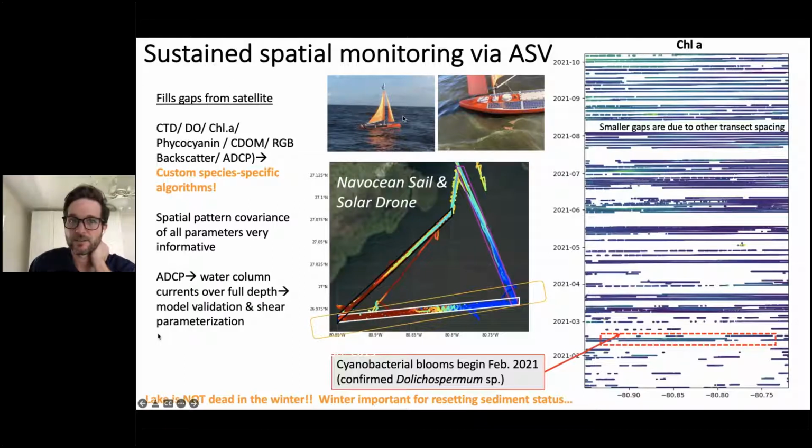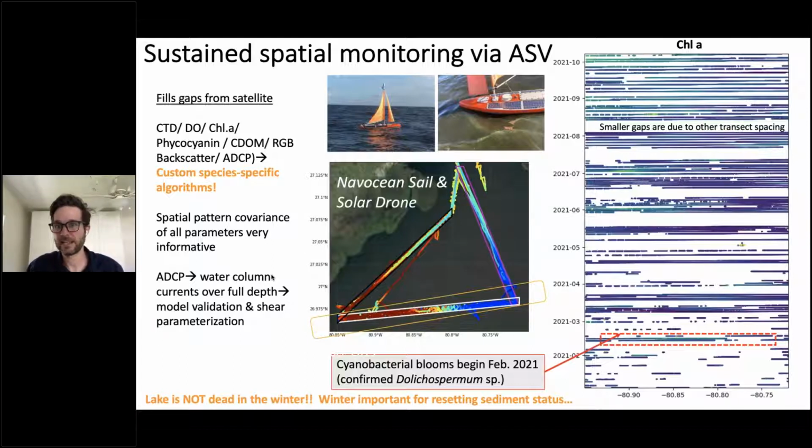we had an autonomous surface vehicle, from the company NavOcean. It's called the Sail and Solar Drone. And it basically ran a triangular loop. I think it did it about 80 times over the course of the year. And it had water quality sensors measuring pretty generic water quality parameters in the surface of the lake. It also had an ADCP on it, so it's measuring the water velocities below it over the full water column depth.